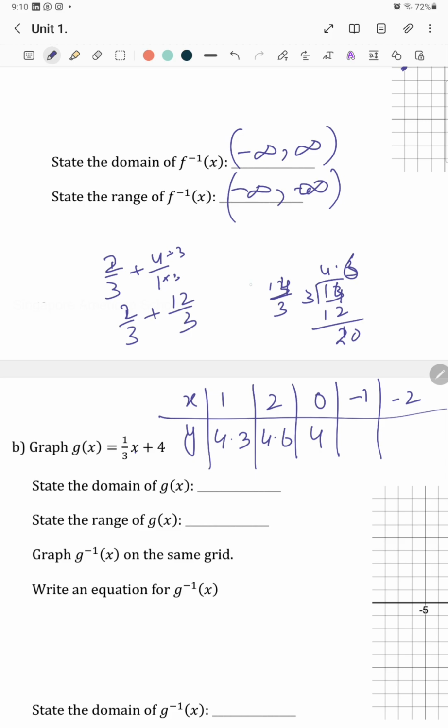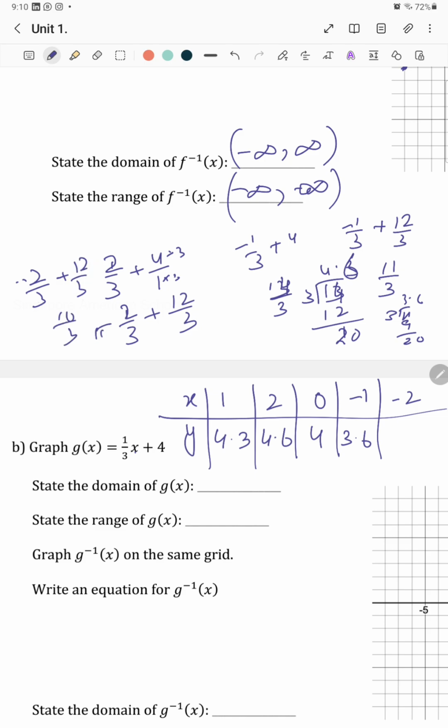Minus 1 by 3 plus 4, minus 1 by 3 plus 12 by 3, is 11 by 3, which is 3.6. Minus 2 by 3 plus 12 by 3 is 10 by 3, which is 2.3.